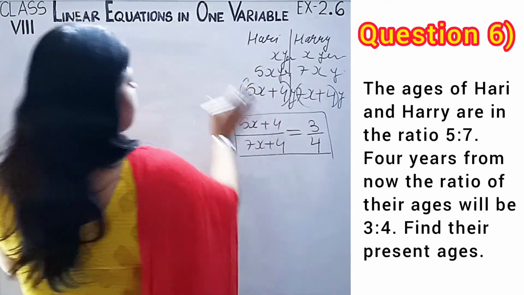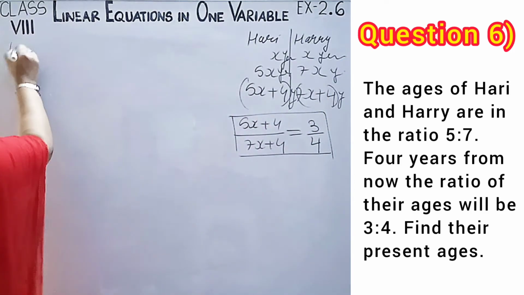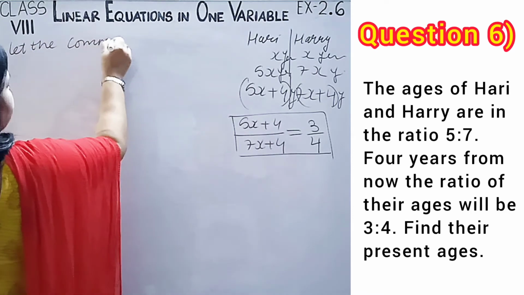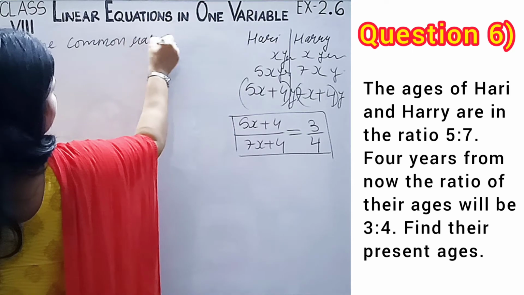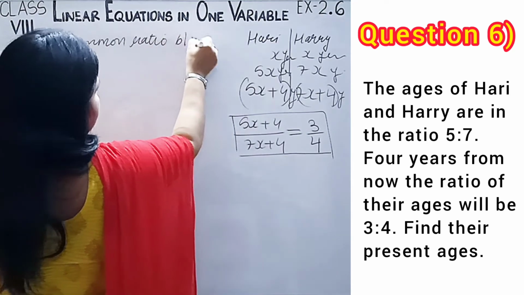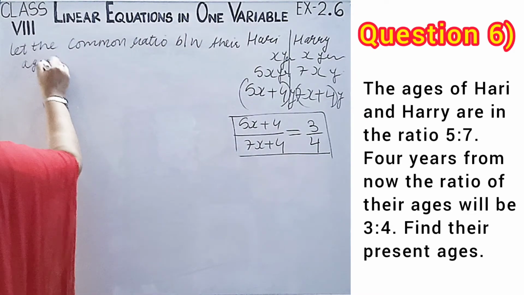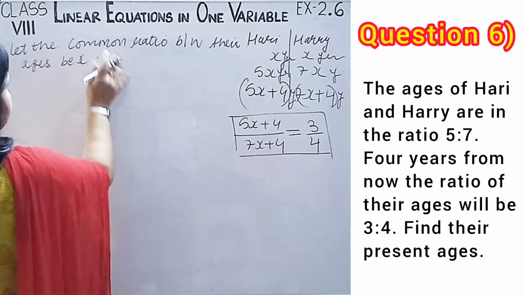So coming to the statement part. Let the common ratio between their ages be x.